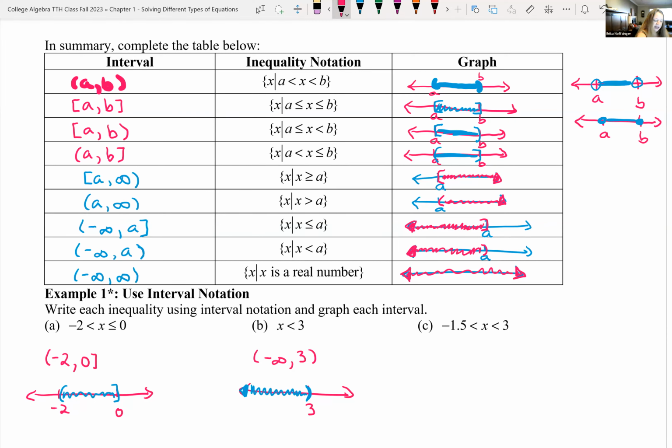So we're coming in from -1.5, not including it. So it's an open parentheses, comma 3, close parentheses. And then we're looking at everything from -1.5 to 3. So we're shading everything in between. We're not including those end values, so we have parentheses on those end values.